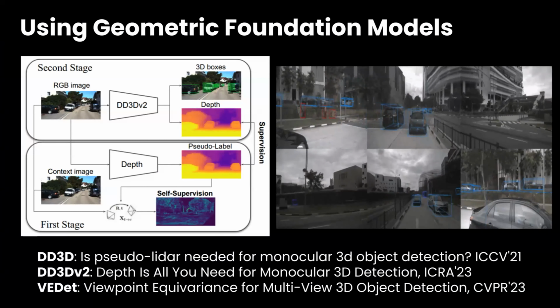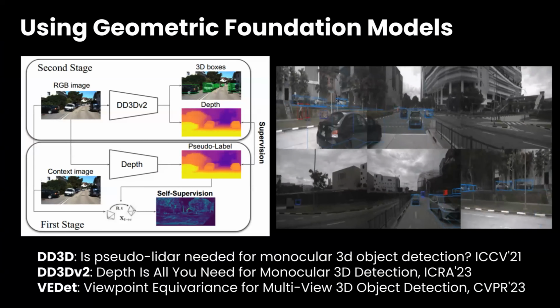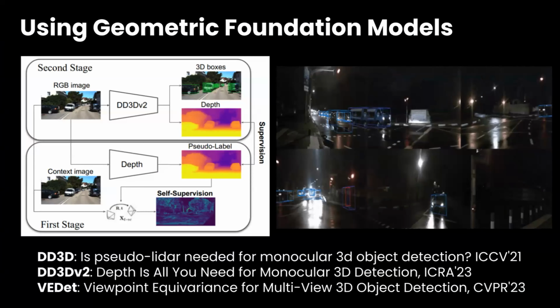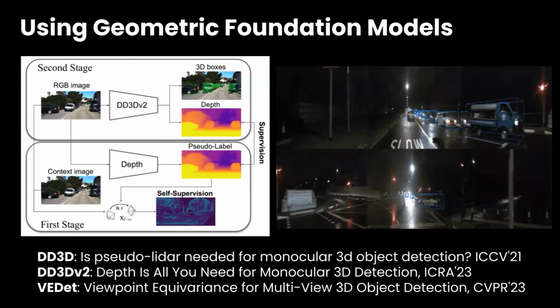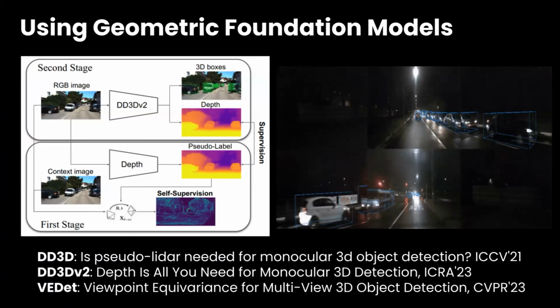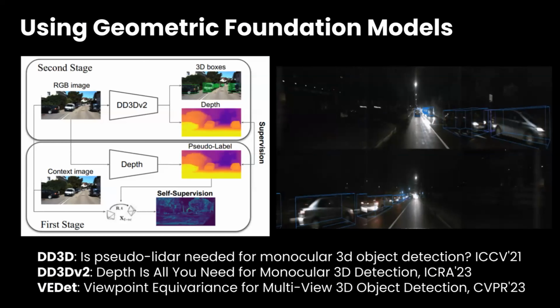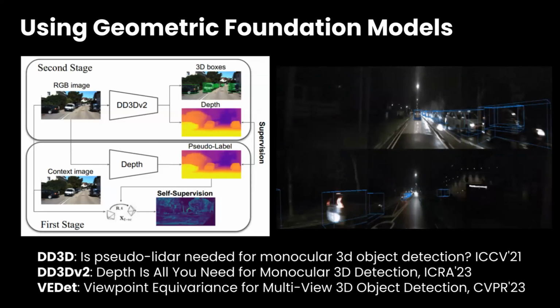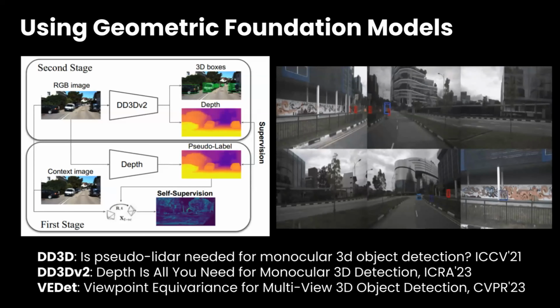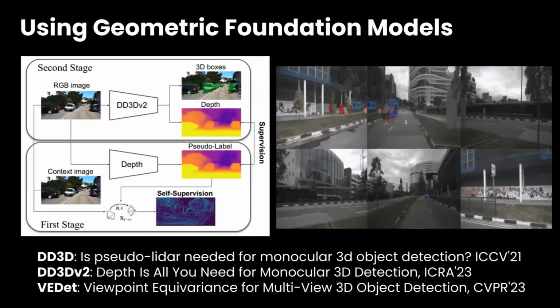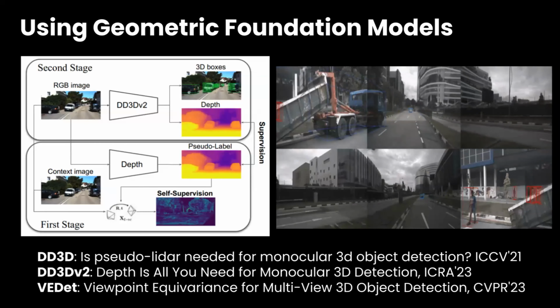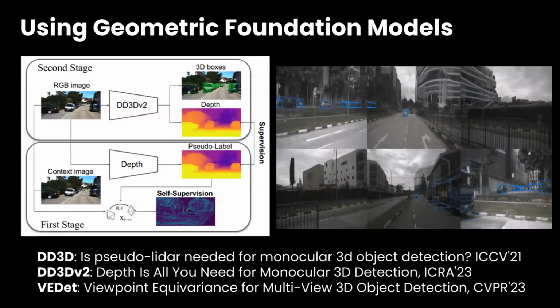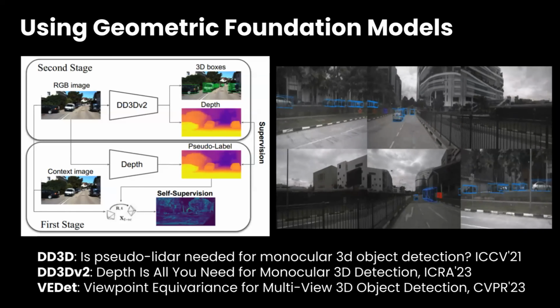Geometric foundation models are useful as is, but for things like object detection, for instance, we found them to be very important. And here, interestingly, there's a commonality again with NLP, especially with the methods that show you can get good fine-tuning. So we've done DD3D, DD3D-2, and VIDEs, which Dan is going to talk about today. It's presented at the conference.